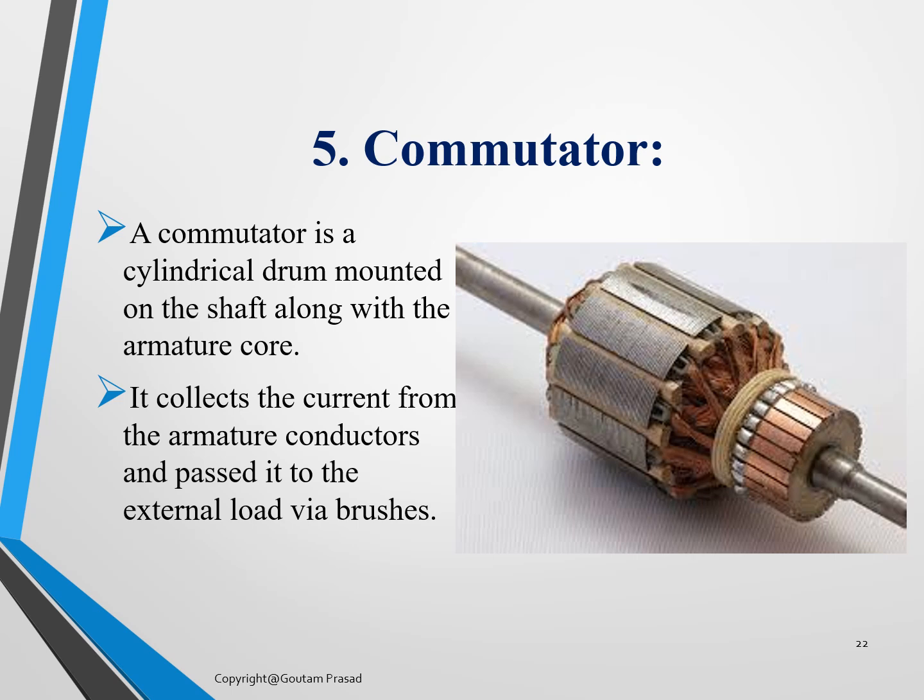Commutator is a cylindrical drum mounted on the shaft along with the armature core. It collects the current from the armature conductors and passes it to the external load via brushes in the case of DC generators.